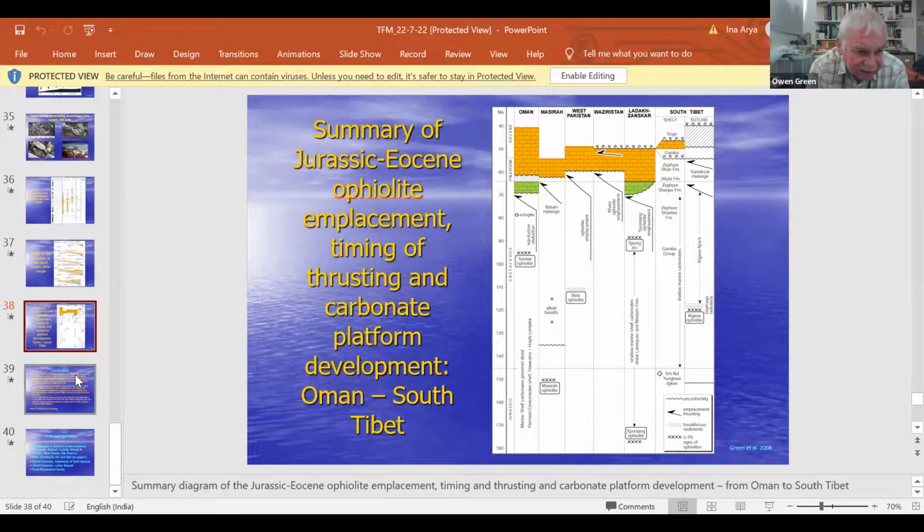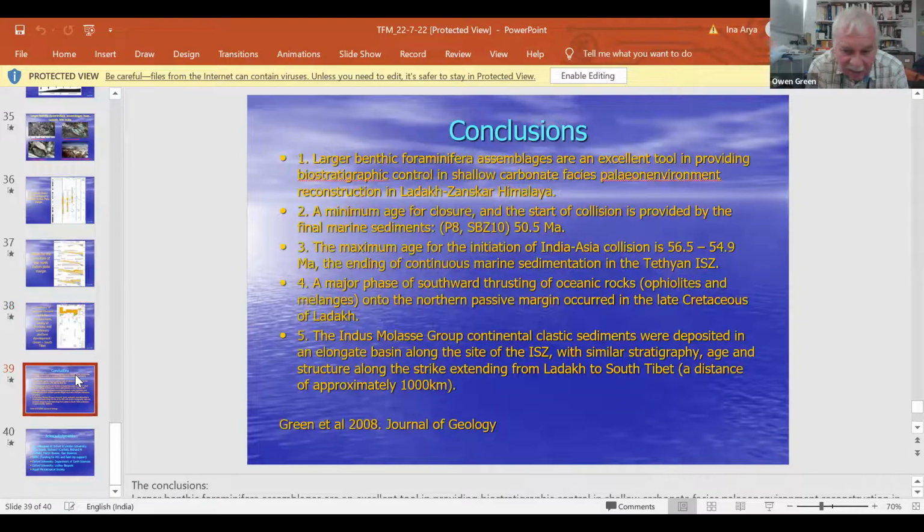Next slide, please. Okay, so now we just come to some brief conclusions, which were all expanded upon in the 2008 paper. The larger benthic foraminifera assemblages provide an excellent tool for the control of the shallow water carbonate facies and the biostratigraphic information in the paleoenvironmental reconstruction that we can apply to it.